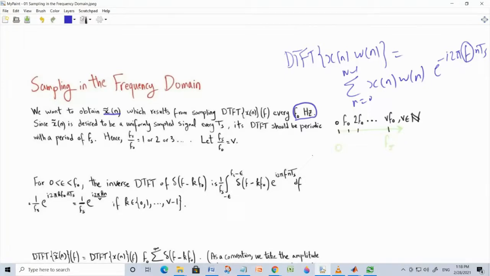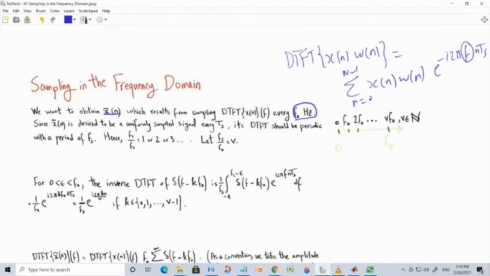We take the value of the DTFT on a grid with spacing f0. Mathematically, it's as if we multiplied the original DTFT by a train of Dirac deltas spaced by f0, which is the mathematical way of modeling the sampling process.